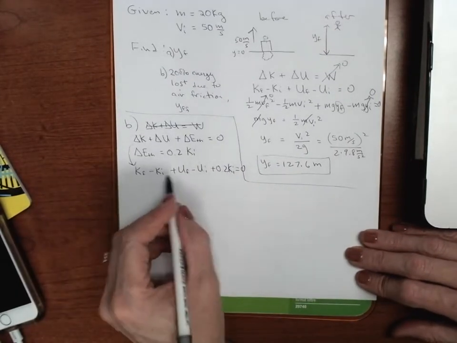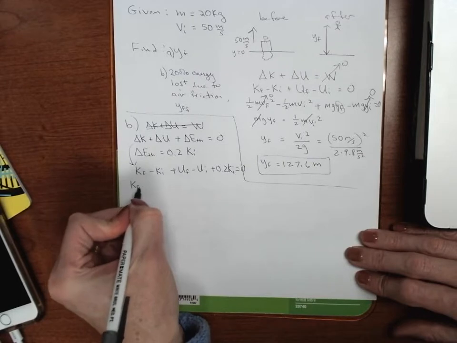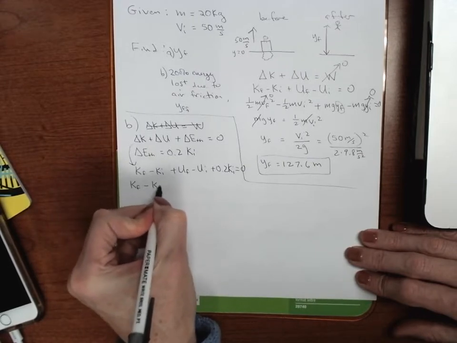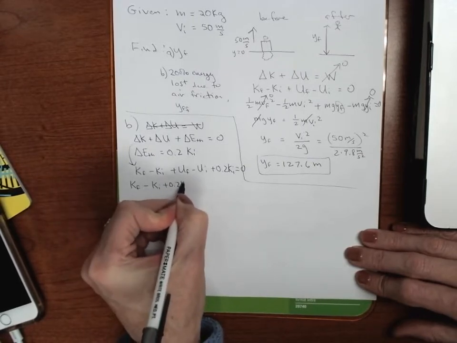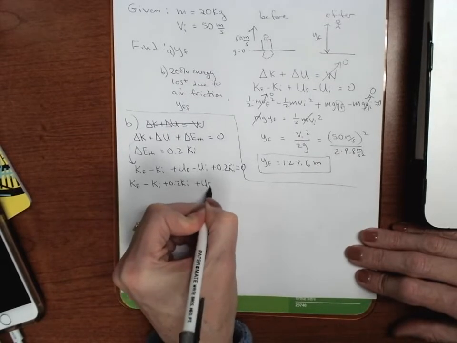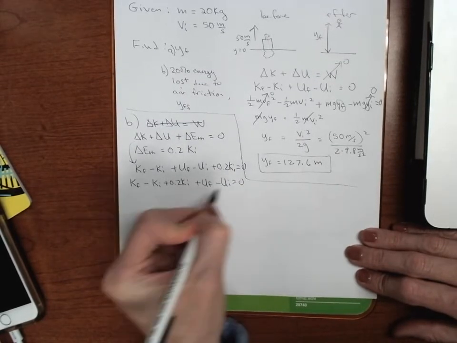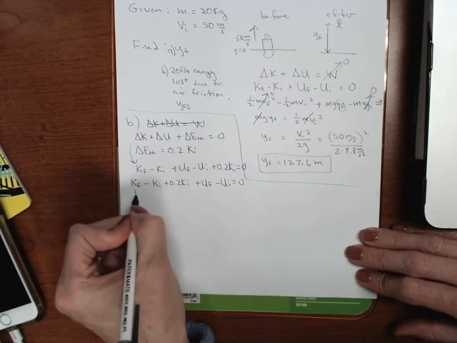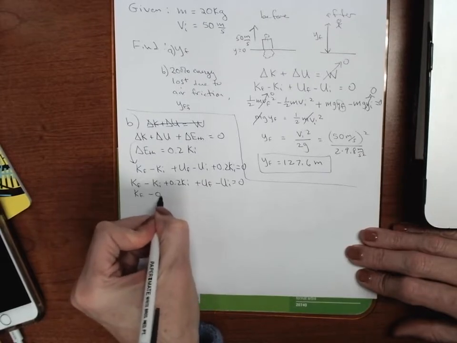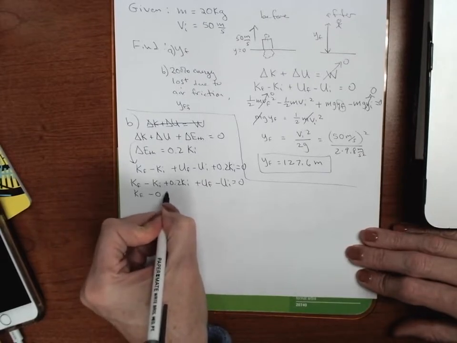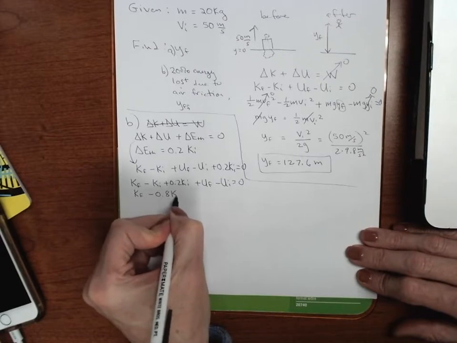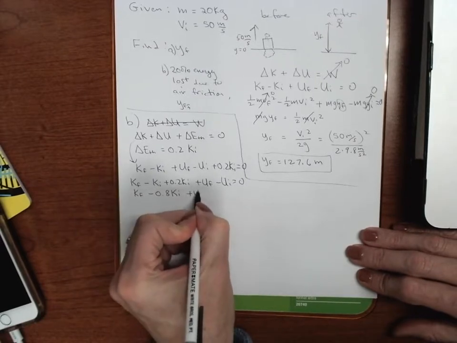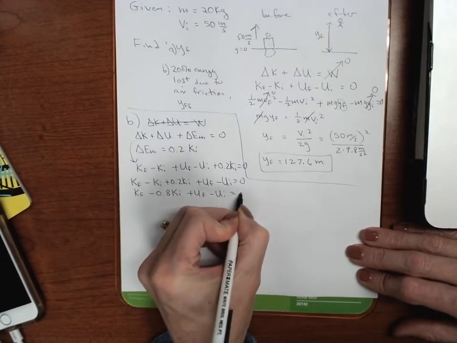And now I'm going to put these two together. So I'm going to say K final minus K initial plus 0.2 K initial plus U final minus U initial equals 0. So that means K final minus 0.8 K initial plus U final minus U initial equals 0.